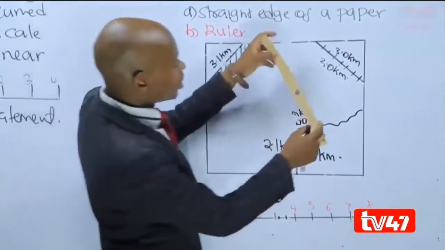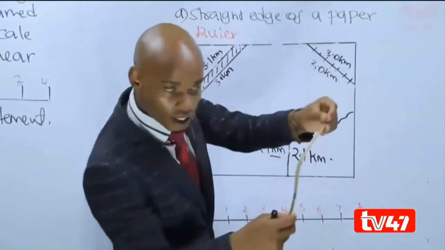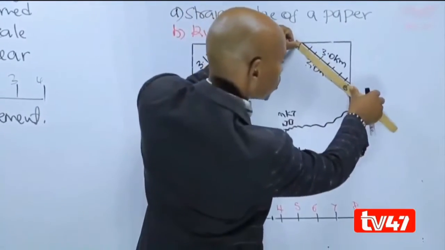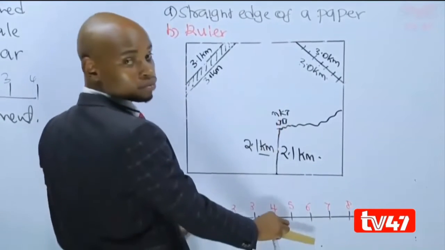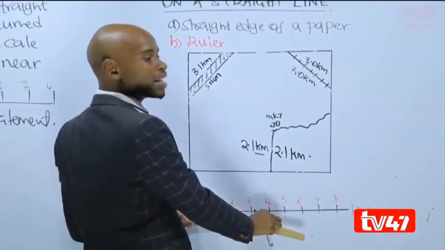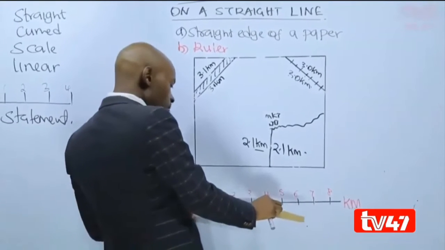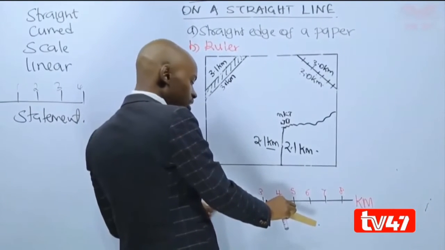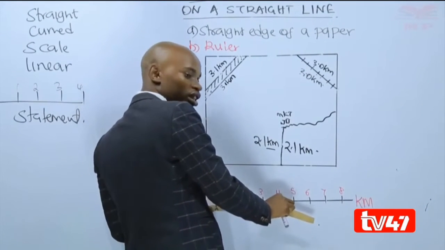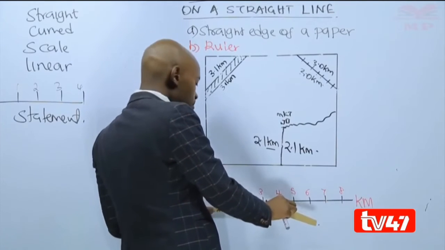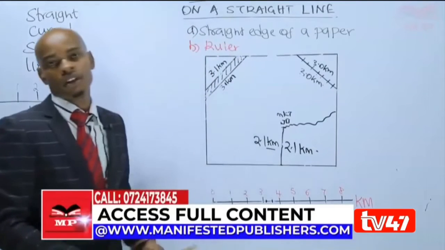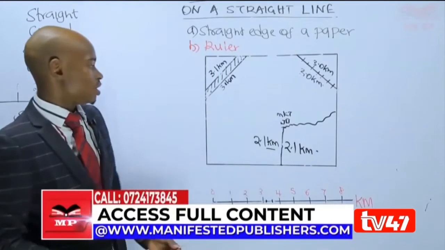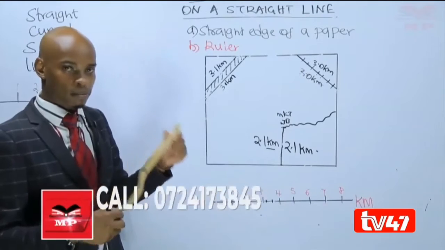You make another mark, you measure, you translate on the scale. Remember, all the measurements must be brought to the scale so that the actual readings on the ground are recorded using a straight edge of a paper.